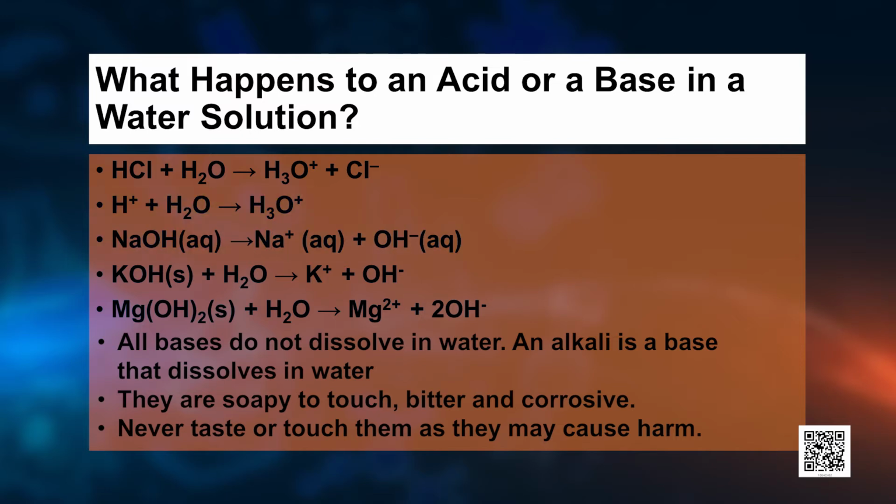Okay? Similarly, when sodium hydroxide, that is a base, is dissolved in water, it forms sodium ions and hydroxide ions. Or if I dissolve potassium hydroxide in water, it will dissociate to give me potassium ions and hydroxide ions. Similarly, if magnesium hydroxide is dissolved, it will give me magnesium ions and hydroxide ions.